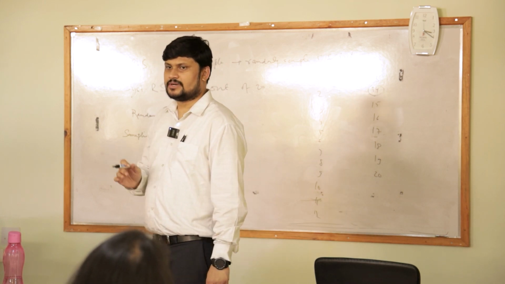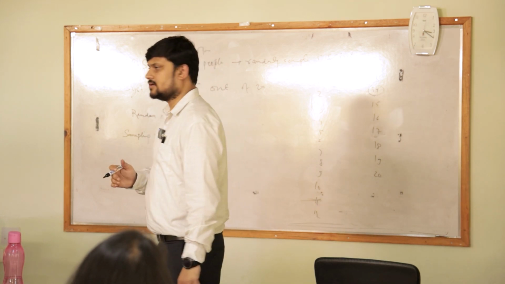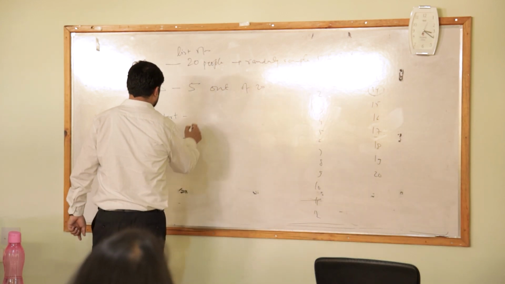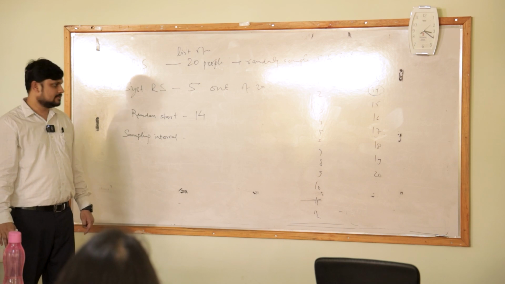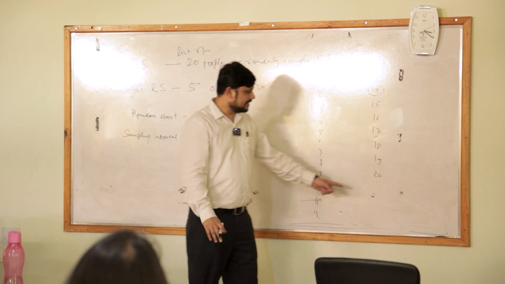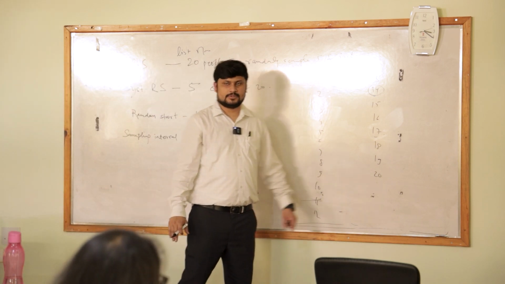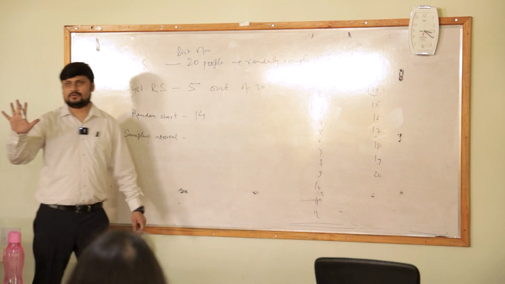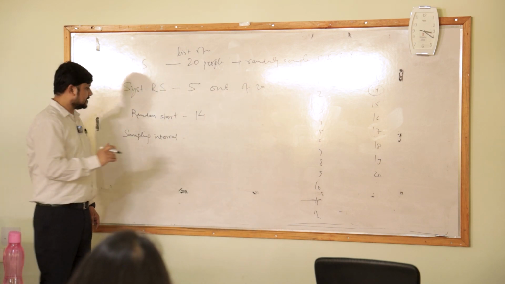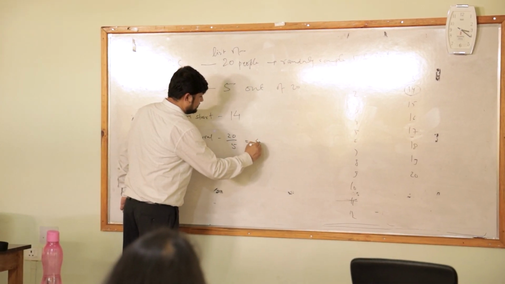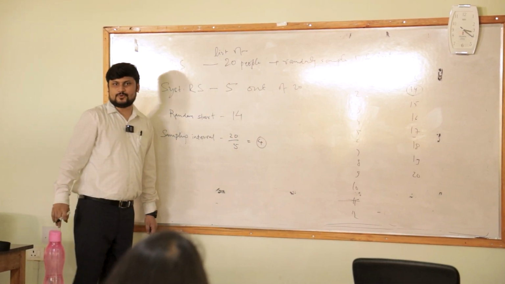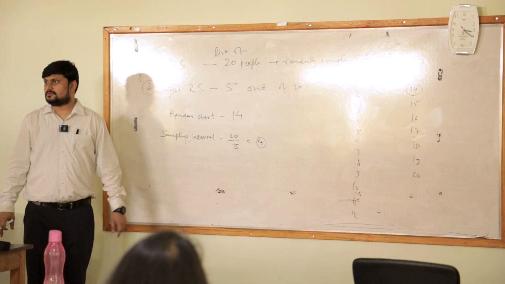So Excel has given you a random number, which is 14. This becomes a random start. We have 20 as the total number, and we need to sample 5. So it is simple, 20 by 5. 4 is your sampling interval.